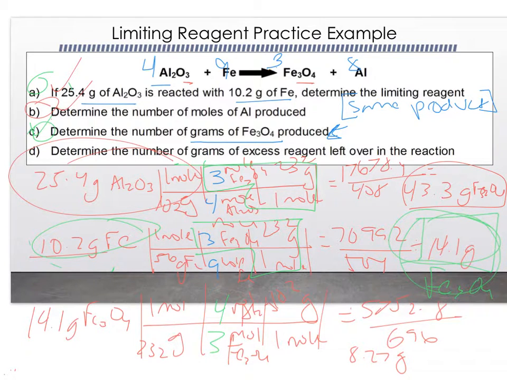And then to find out how much was left over, we have to take that original amount that we had, which was, what, 25.4? So then you'll take 25.4, subtract from it how much was actually used in the reaction, and then you should have 7.1 grams of your aluminum oxide left over.